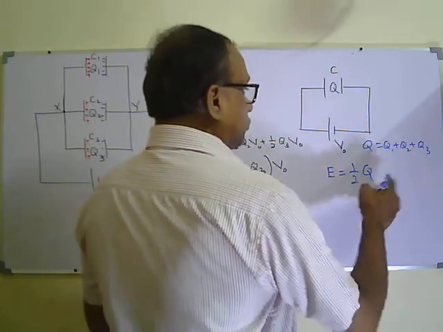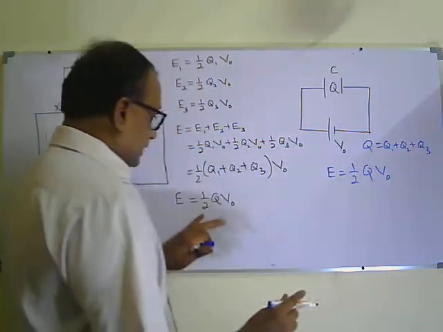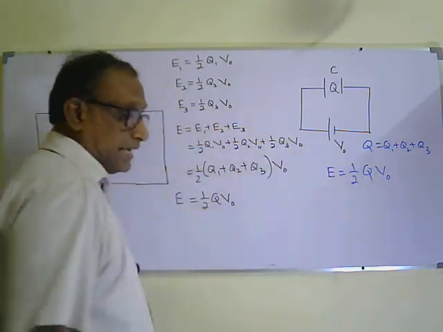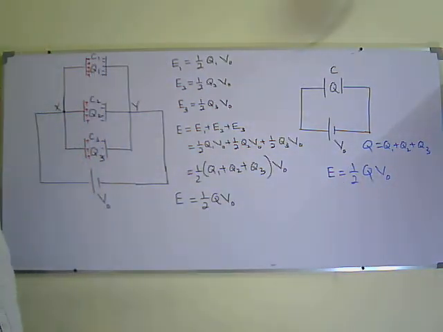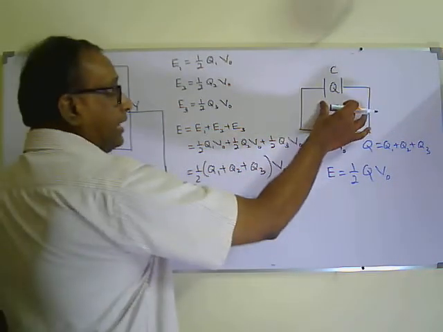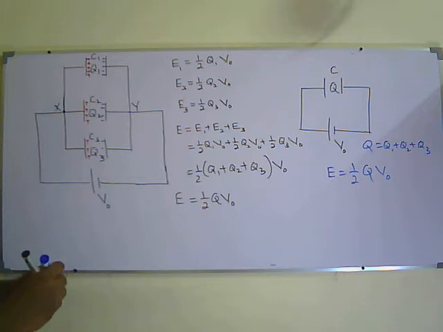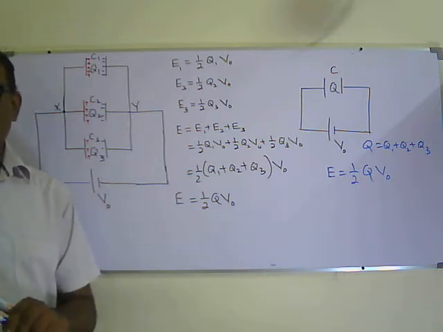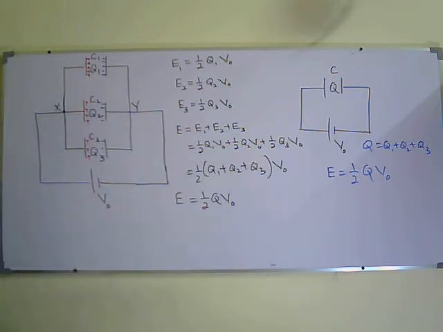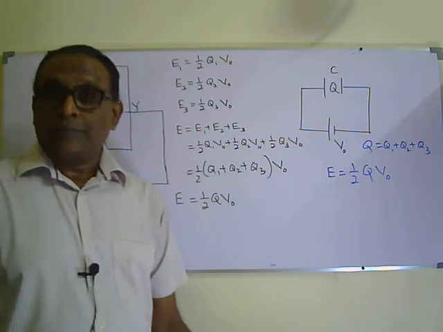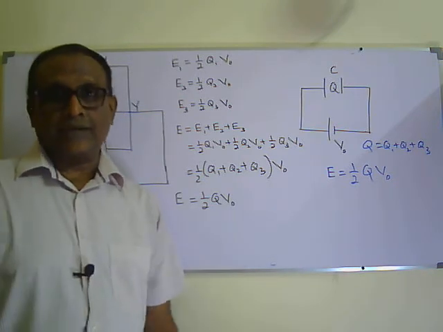So half Q V naught. You can see both values are the same. So that means the energy stored in the equivalent capacitor will be equal to the sum of the energy of the parallel connection of the capacitors. I hope you understood the meaning of equivalent capacitors.